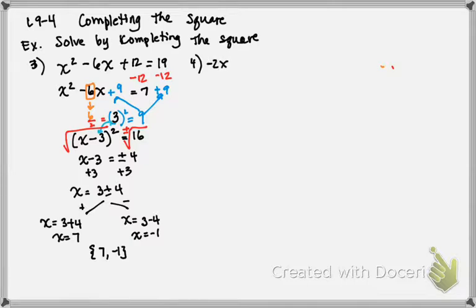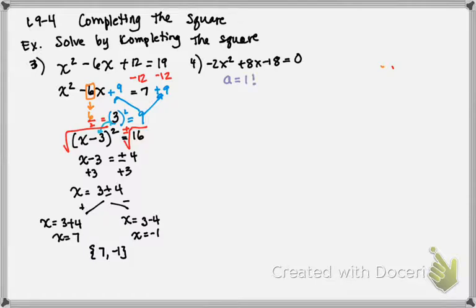So I got 2x squared plus 8x minus 18 equals 0. Now, one of the things that has to be true when I'm doing these types of problems is that my a value must equal 1. So a must equal 1.